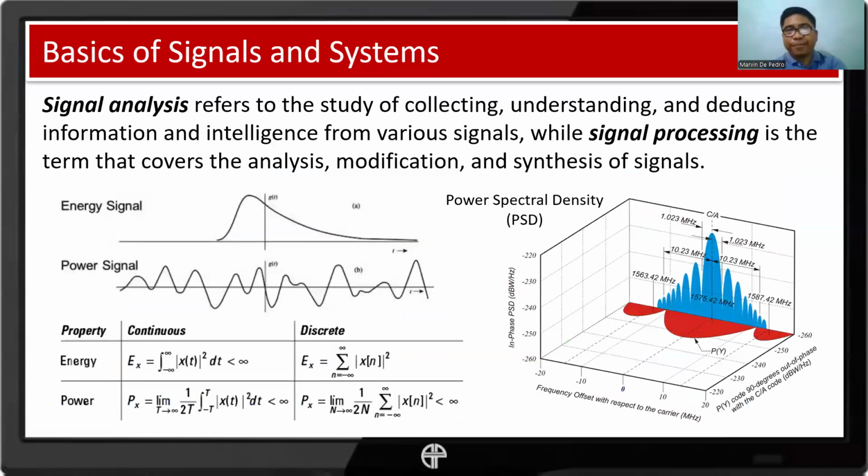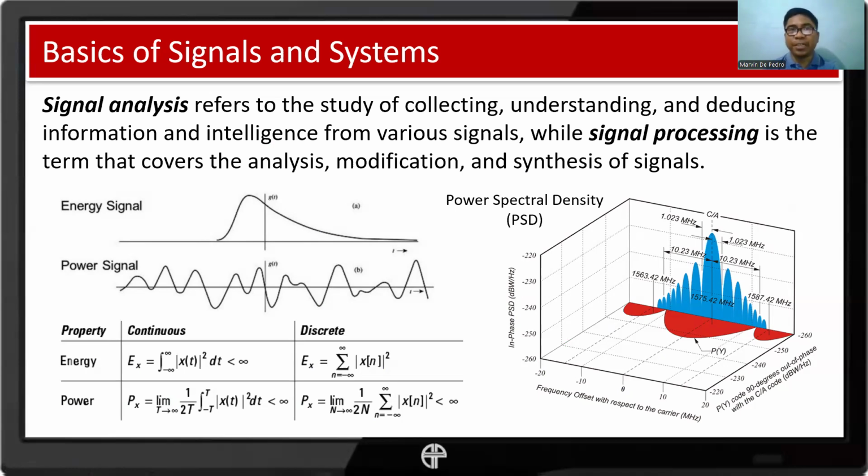And therefore, we have to study what we call signal analysis, which refers to the study of collecting, understanding, and deducing information and intelligence from various signals. While signal processing is a term that covers the analysis, modification, and synthesis of signals. So basically, before we can do signal processing, we have to do signal analysis, because part of signal processing is signal analysis. In signal analysis, we usually check the power and energy of a signal.